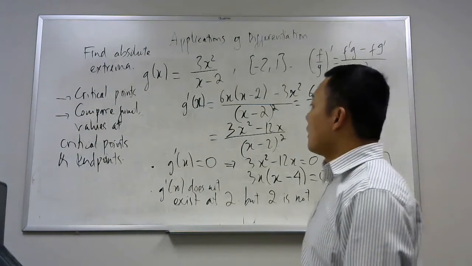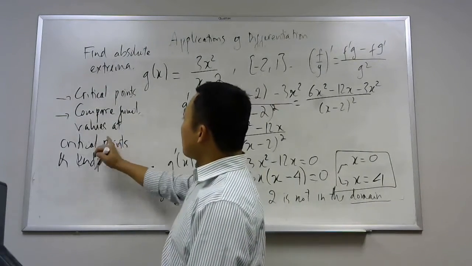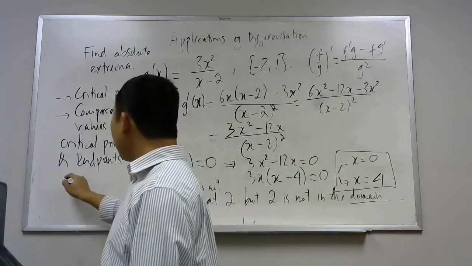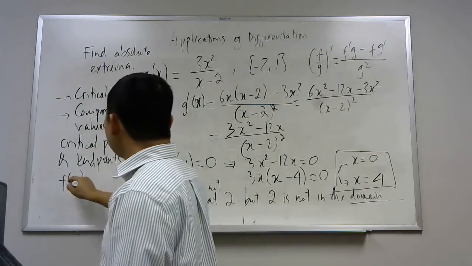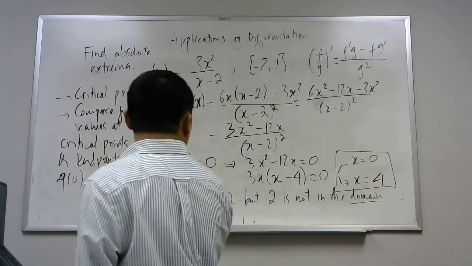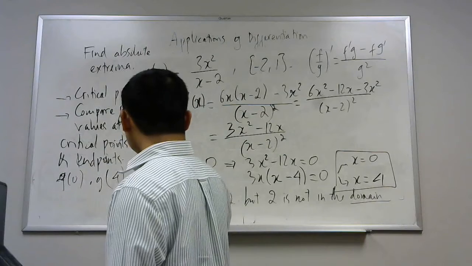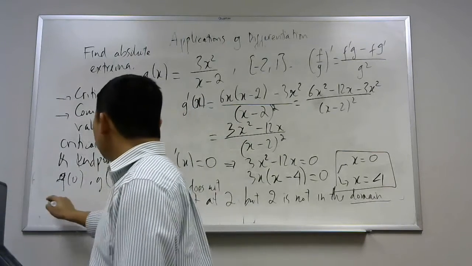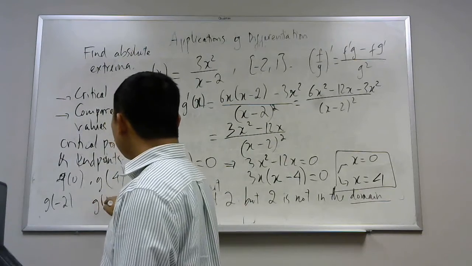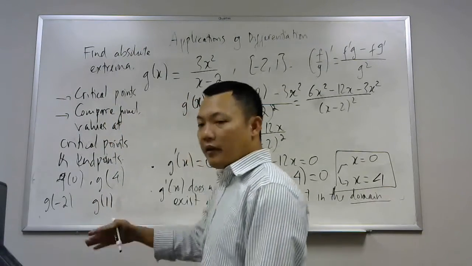So let's move to the next step: compare function values at critical points and endpoints. That means in this example, I need to compare g of 0, g of 4, g of negative 2, and g of 1. We have only 4 numbers.